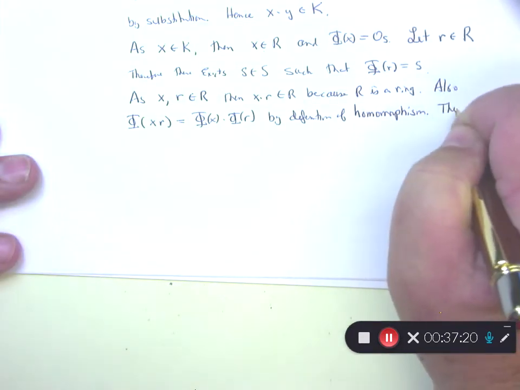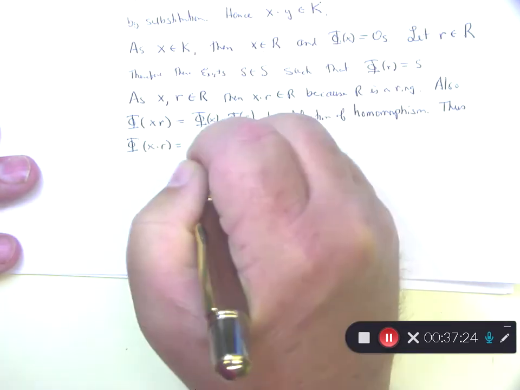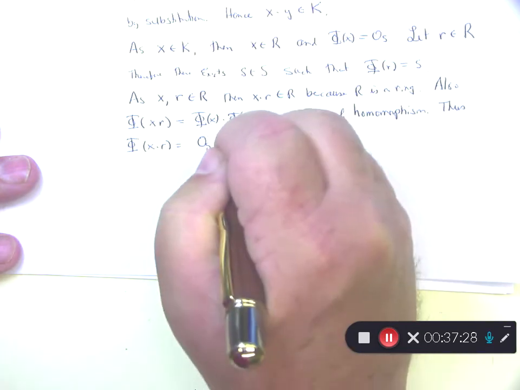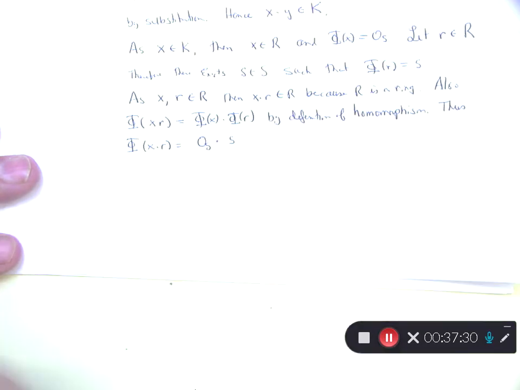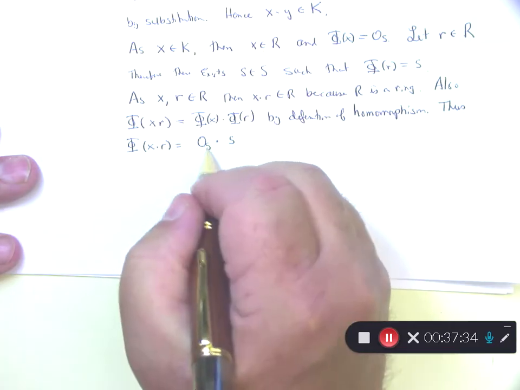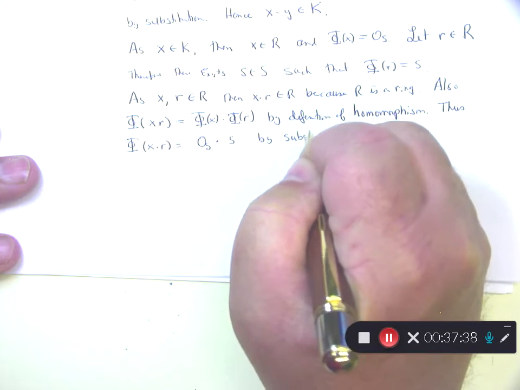Thus, phi of x times r is equal to, well, phi of x is equal to 0 in S, times phi of r, that's very arbitrary, that's just equal to s. So phi of x times r equals 0_S times s by substitution.